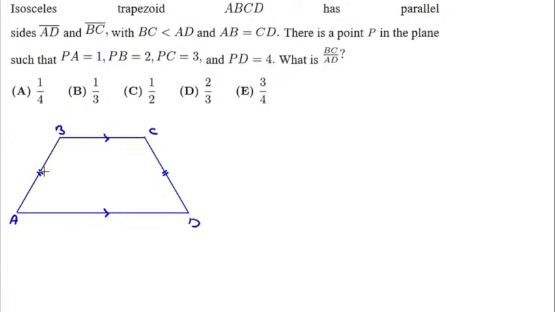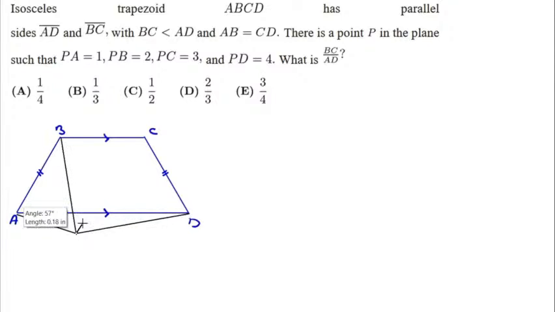So if you want to find the place of P, if you draw, for example, a perpendicular bisector, because PA is less than PB, P should be below this line. Also, if you consider this one, because PD is greater than PC, it should be on top of this line. So it will be some point, for example, like this.